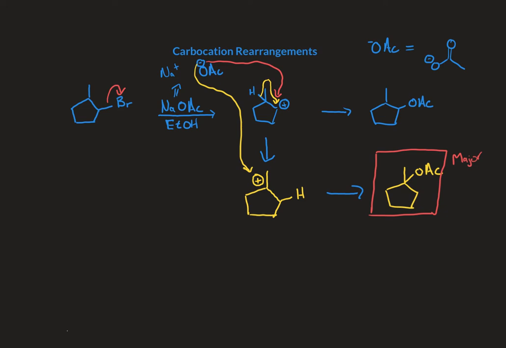So how do I know that this is going to happen? Carbocations rearrange to form more stable intermediates.